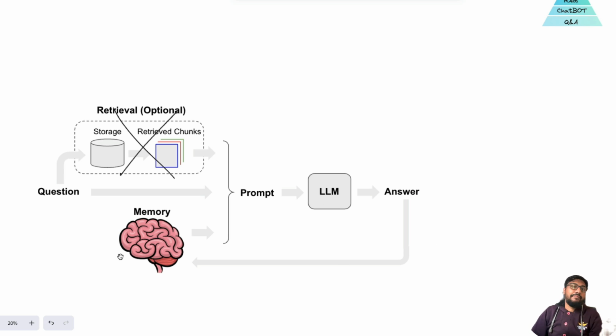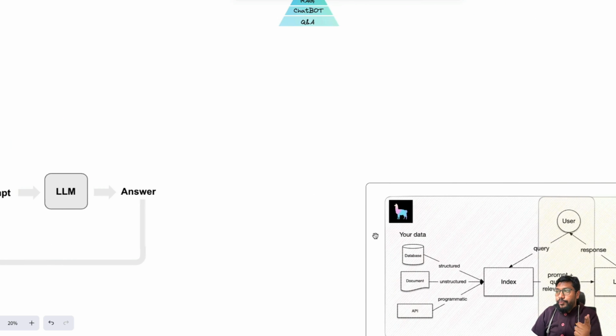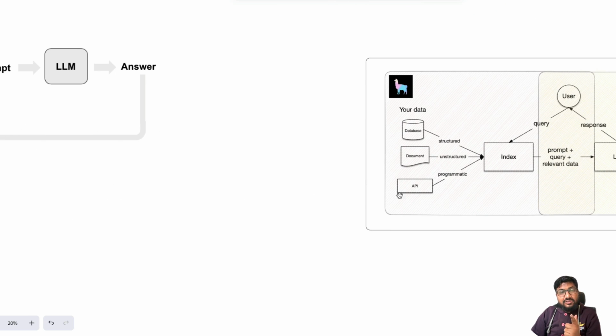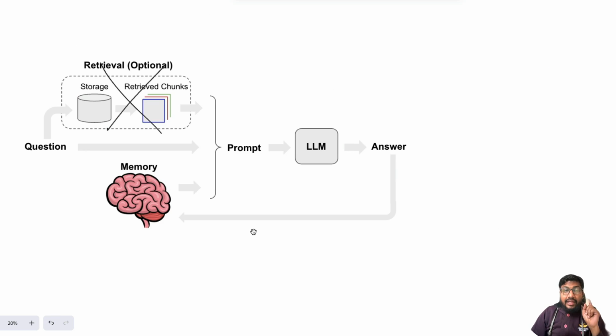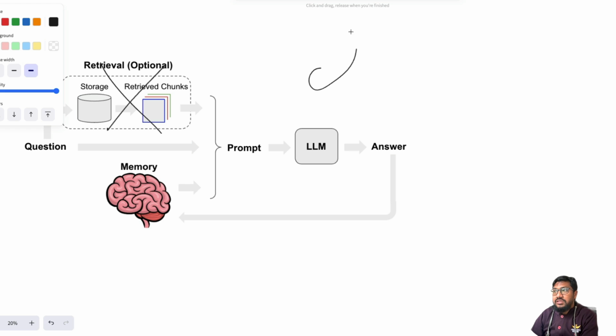Now you might ask me, hey, why do I need to put my data in external storage and create an index? Rather, why can't I keep it in memory? If you have got this question at this point, that is a very important question and you are thinking in the right direction. In fact, people who reached this point, you can tell me whether you know the answer or not. The reason why we cannot do this, or could not have done it in the early days of LLMs, is due to an important factor called the CTX window.